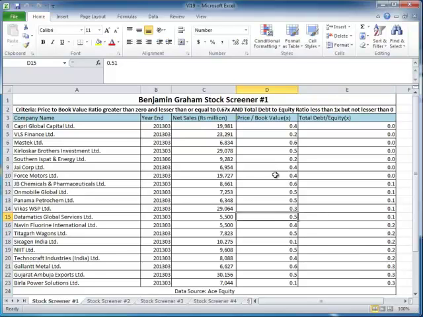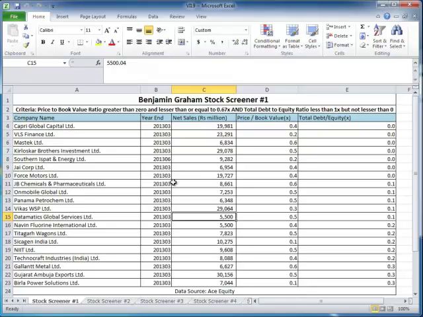The actual list of companies that fulfill these two criteria is quite large, so we've applied some additional filters. The first is that net sales must be bigger than rupees 5,000 million. So all of these are companies which have sales of greater than 5,000 million. And finally, we've also taken out the highest debt to equity companies to arrive at a final list of 20 companies.